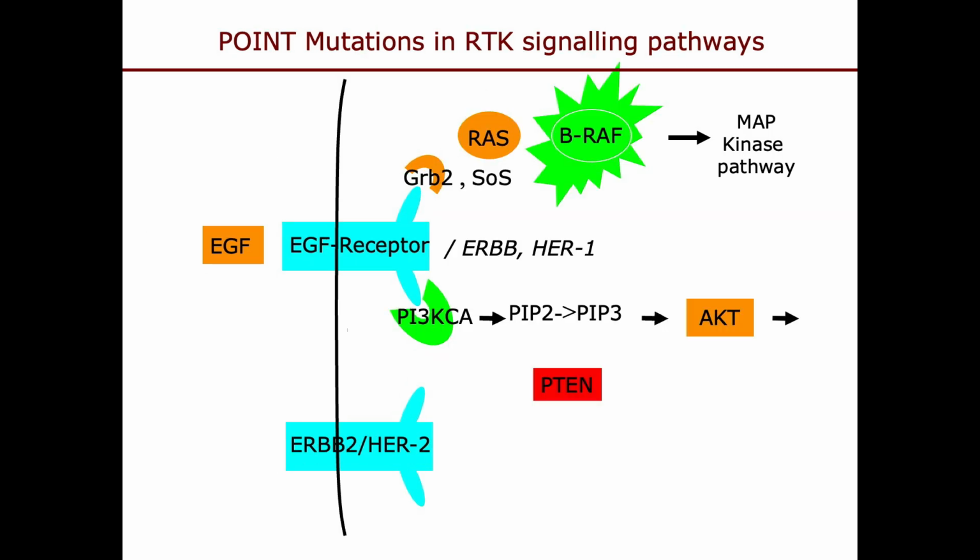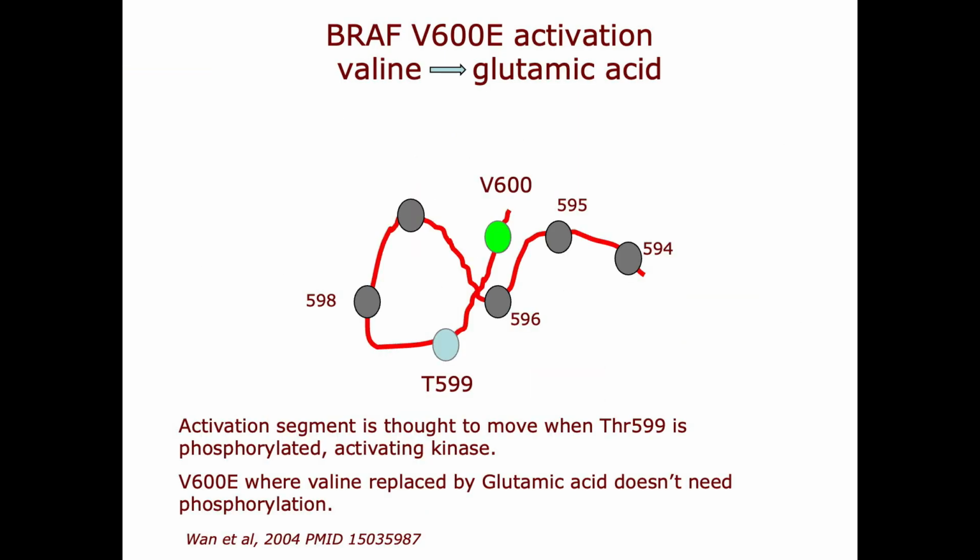Its next neighbour down the pathway, BRAF, also undergoes point mutation. A diagram here shows how the commonest kind of mutation in BRAF is the change from valine 600 to a glutamic acid.